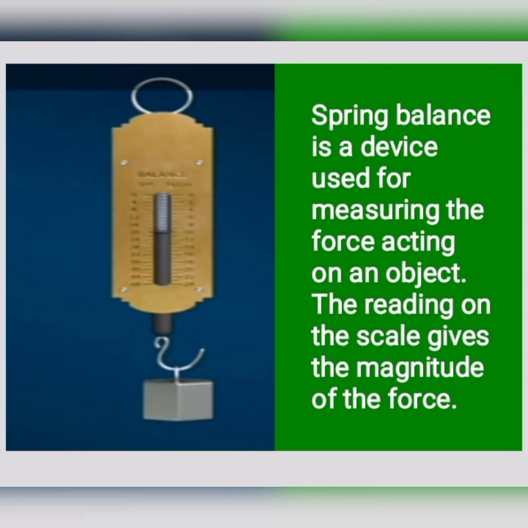Stretching of the spring is measured by a pointer moving on a graduated scale. The reading of the scale gives the magnitude of the force. You can observe that in the figure. Here, a weight is hanging below this spring balance, so you can see the magnitude of force on that spring balance.